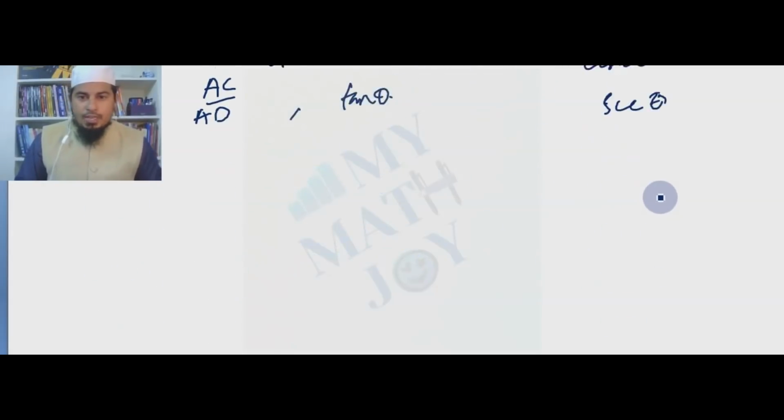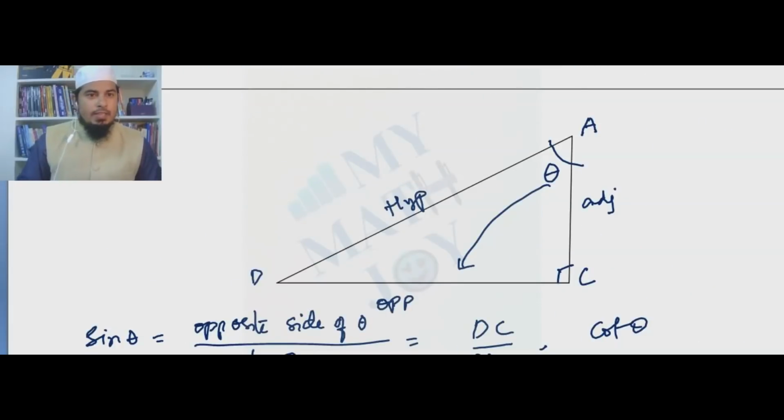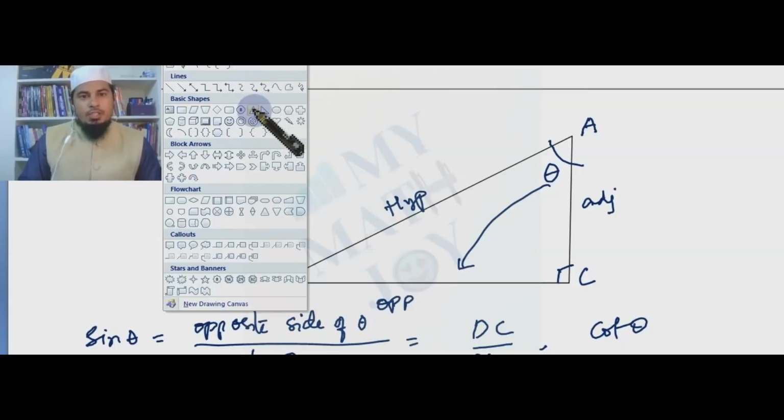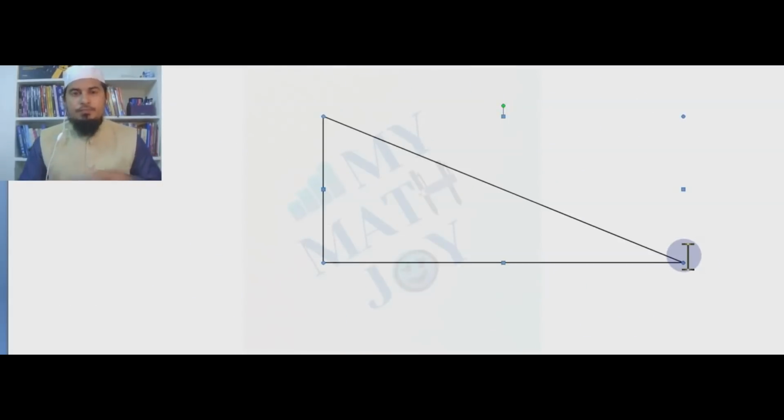And what is cot? Adjacent by opposite. So let us, in the right angle triangle, one more right angle triangle I will take for your sake, and let us graphically represent it. We should never forget it now. So what I want here, I want my pen to be active now.